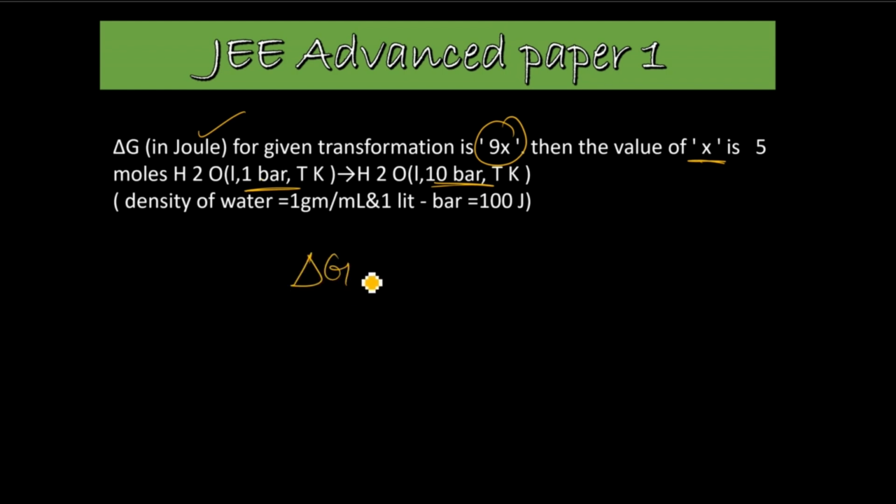Let's see what happens. So delta G is equal to V delta P, right? So V value, volume, that is 5 moles, which will be 90 liters, right? So I am writing it as 10 to the power minus 3 into 9, because the pressure change is 1 bar to 10 bar, so 9.